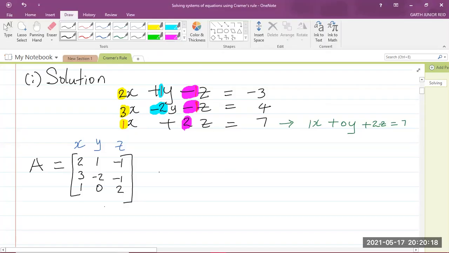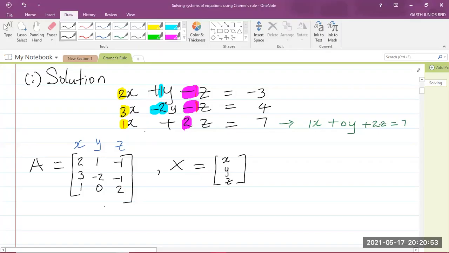That's the coefficient matrix. Let's find the matrix X. Now the matrix X is going to be a column matrix. A column matrix simply means that we're going to have only one column. So the matrix X is going to be comprised of the variables that we're trying to find. We're given a system of equations in x, y, and z, so the matrix X is going to be x, y, and z.